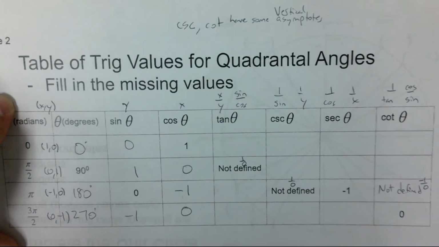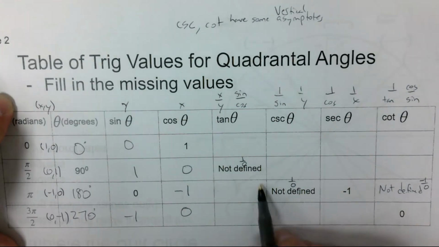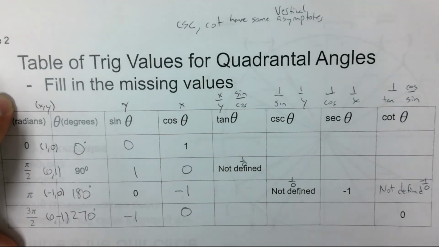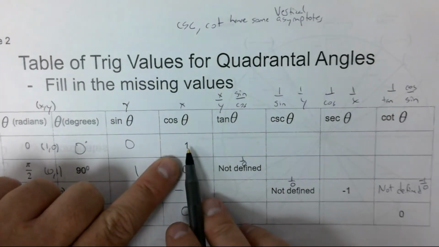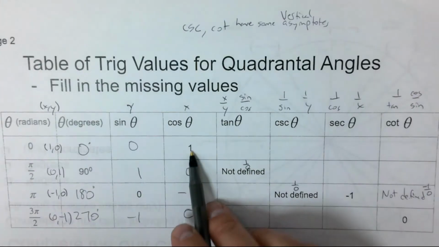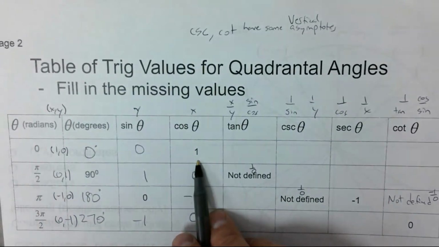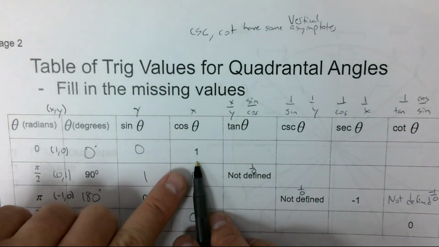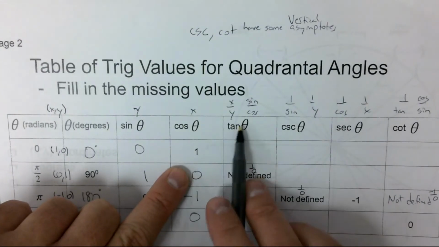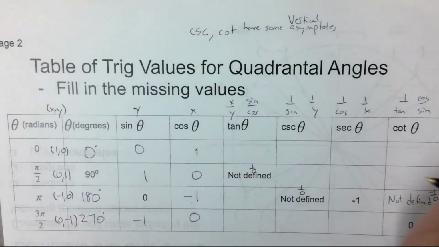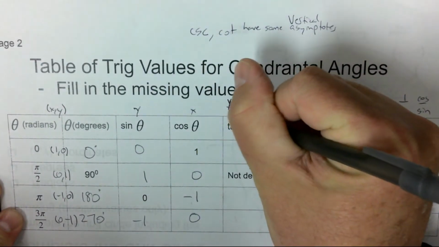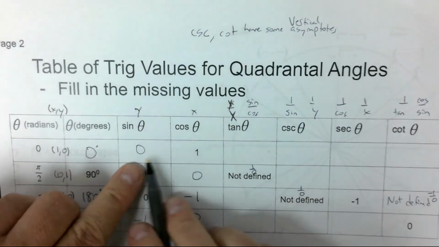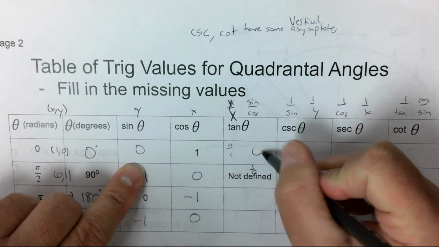So basically, you're going to see a lot of spots where these are either going to be zeros or undefined. Oh, I wrote this wrong. If you do y over x, that's going to be 0 over 1, which is 0.